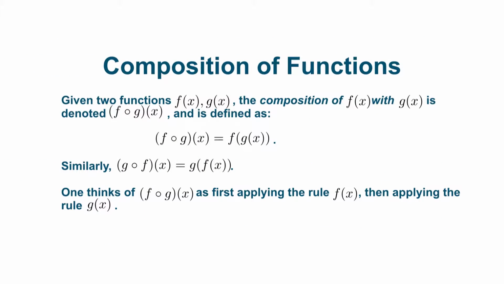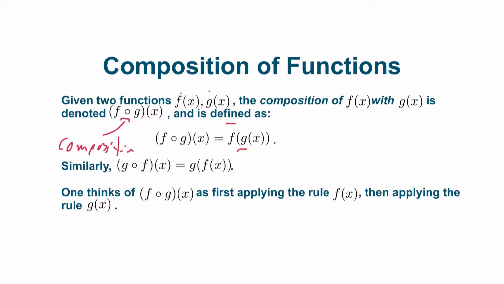I have two functions f and g, and I can define a new function based on them: f circle g, which is composition. What I do is first apply g, and then apply f.